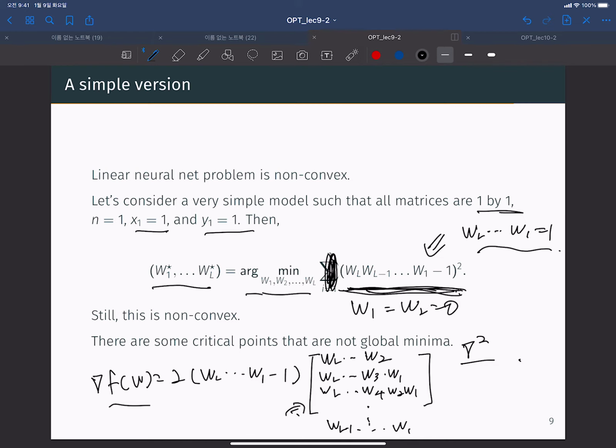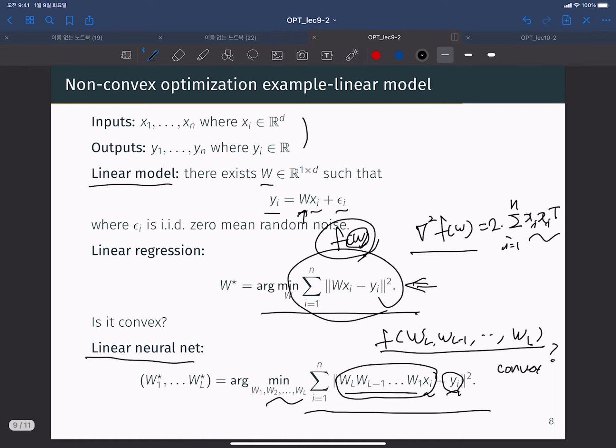Even in the more complicated example, if more than two layers have zero matrices, then your gradient vector is simply 0, your parameters are stuck there, and you are just making a very trivial output y equal to 0.